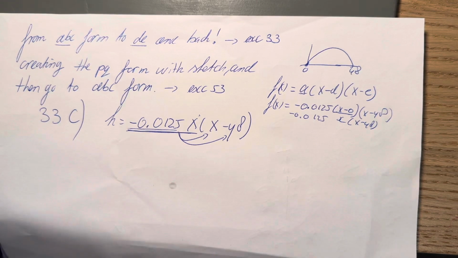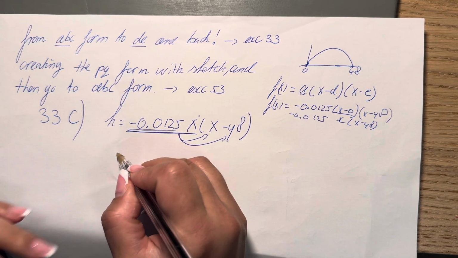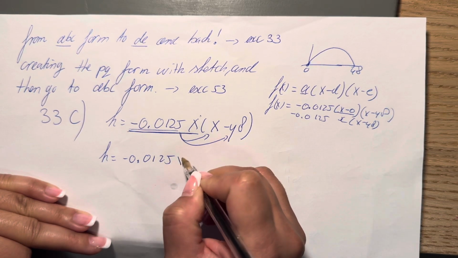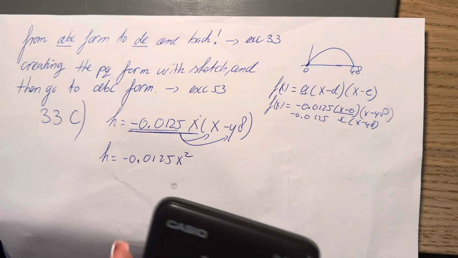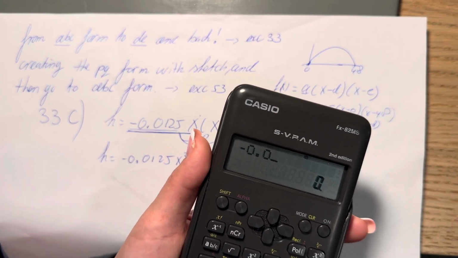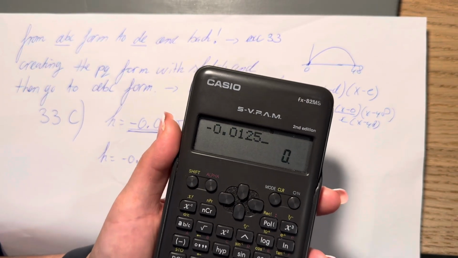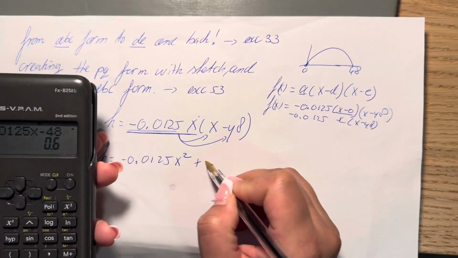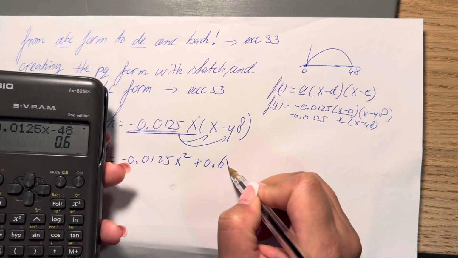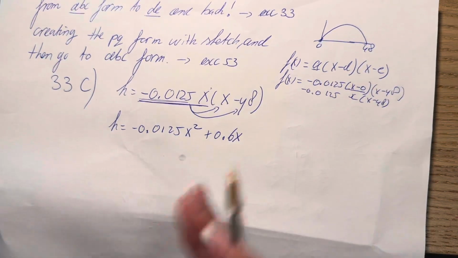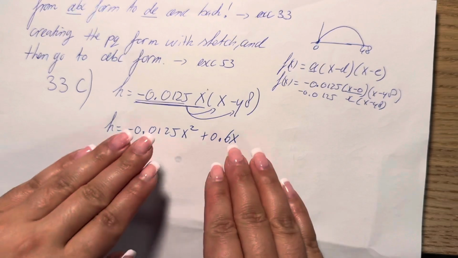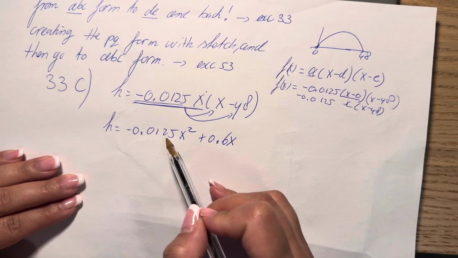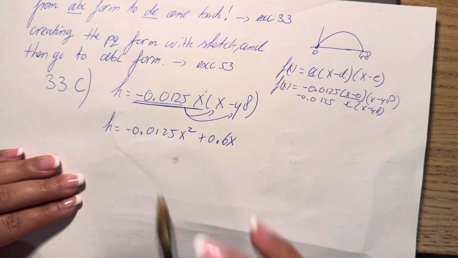So we get, use the calculator, h is minus 0.0125x squared, and then negative times negative, minus 0.0125 times negative 48 is going to be positive 0.6x. Now, you might feel tempted to make this a 1, but don't do that. You are changing the formula. Only if you solve, you are changing the A to make it 1, of course. But we are not doing that.